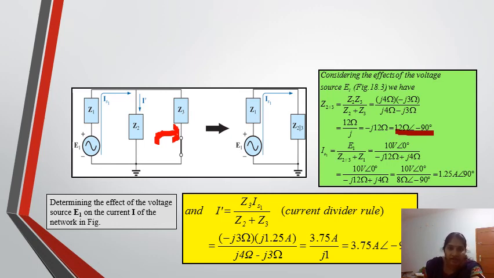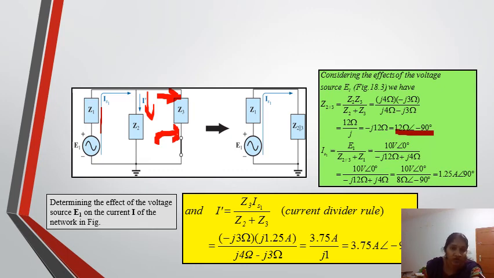That is the I dash, the current through Z2. In order to do that, do the current division. The total current we got is 1.25 ampere at angle 90 degree. This current will be divided between the two branches, and we have to find the current in one branch. For that, take the total current times the impedance of the other branch, not resistance, divided by total impedance.